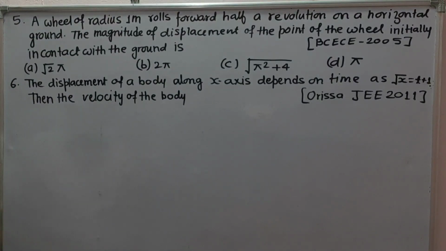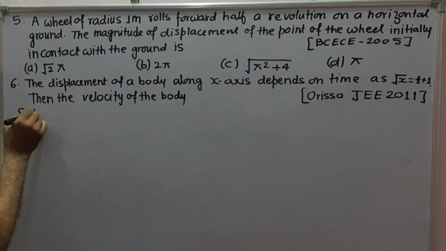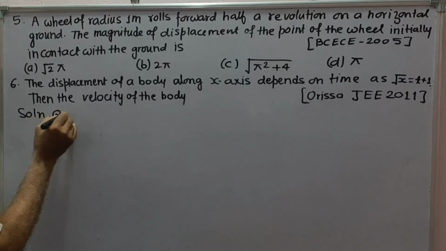Next question number 5. The question is, a wheel of radius 1 meter rolls forward half a revolution on a horizontal ground. The magnitude of displacement of the point of the wheel initially in contact with the ground is. Solution to question 5.